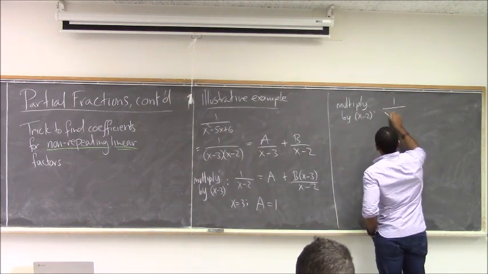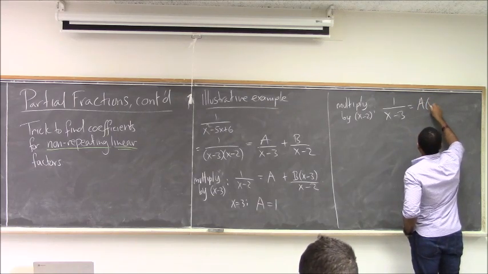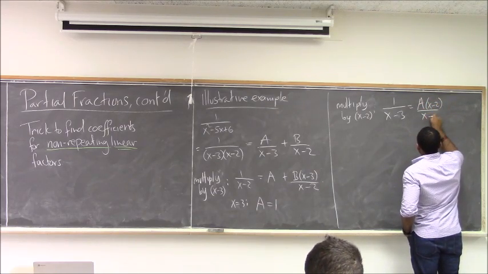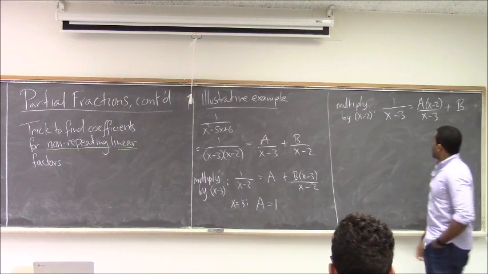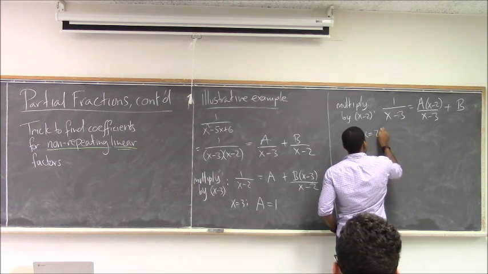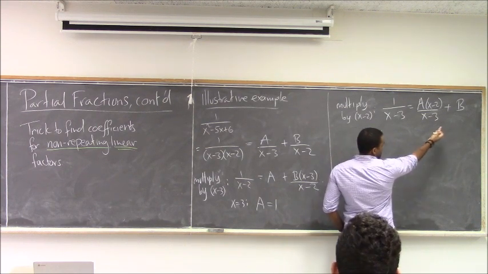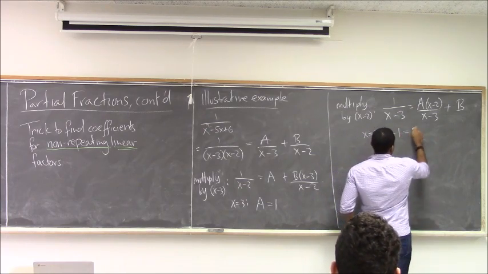Well, you'd have a times x minus 2 over x minus 3, and you don't have b here. Now if I plug in x equals 2, notice what happens. You have b by itself, and you would automatically get minus 1 equals b right away.